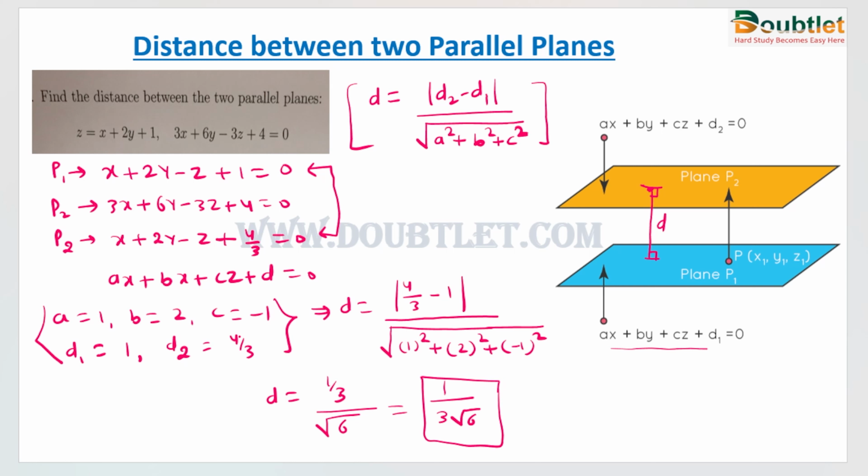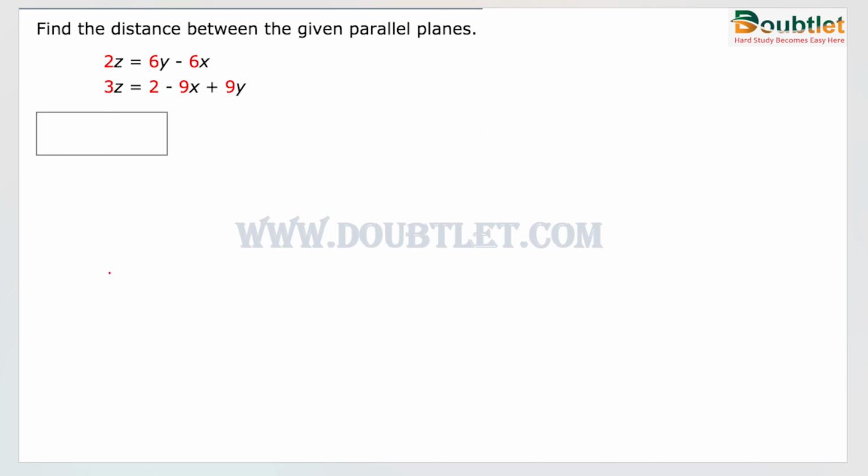I hope you got the concept till here. Now based on this concept, we will solve another example. Again there are two equations given for plane P1 and P2. We will convert these equations into the general standard form. We take this 2z term to the right side and write -6x + 6y - 2z = 0.